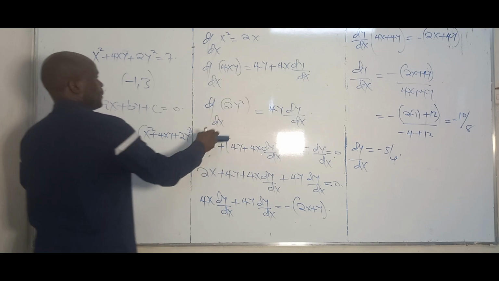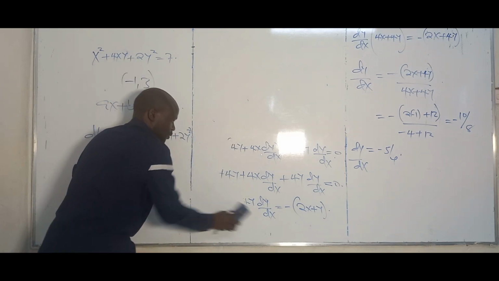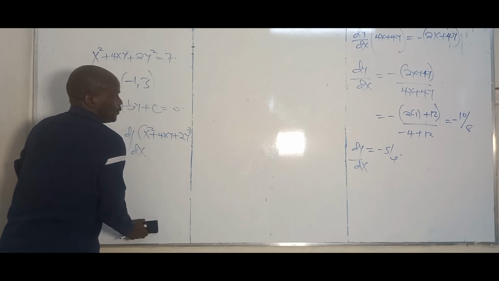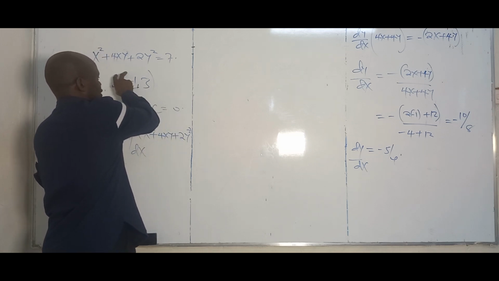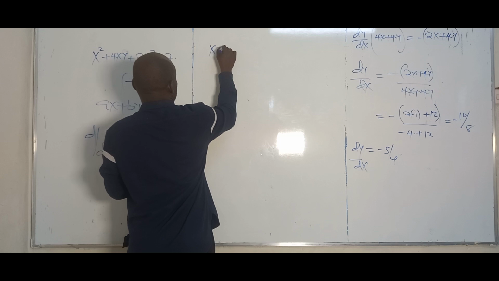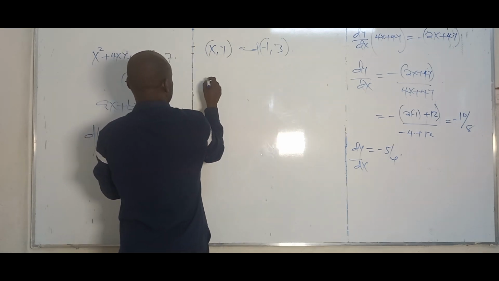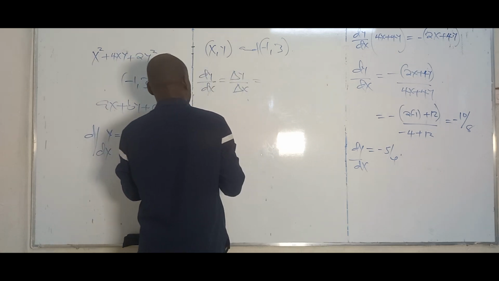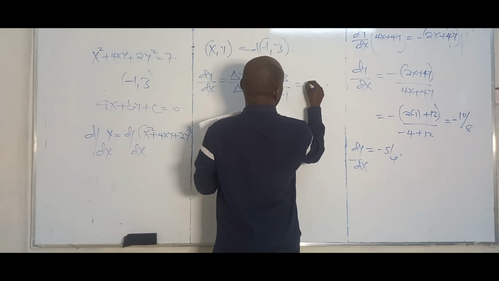So the next step: I have this point, and because this point is on the tangent, and this is the gradient of the tangent at that point, I can use an arbitrary point (x, y) and the point (-1, 3) to get the equation of the line by saying dy/dx, or change in y over change in x, is given by (y minus 3) over (x plus 1) is equal to minus 5 over 4.